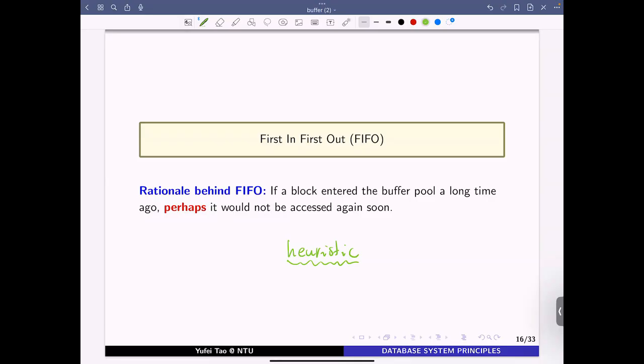Indeed, if there's some very cold block, and when I say cold, I mean an unpopular block, not too many queries will bother to read that block. But occasionally, some weird query would touch that block just once, and then for a long time, no other queries would touch it. You could have situations like this. This is the rationale behind FIFO.